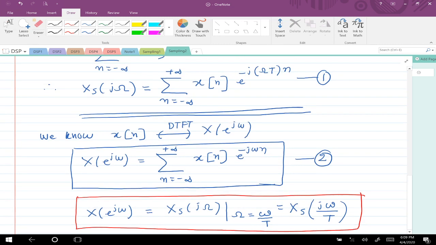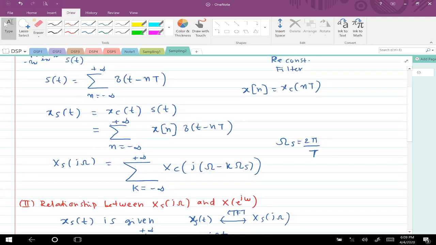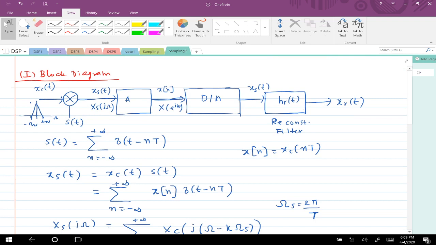Hope this is clear. It should also make sense to you here, because look, this is analog to digital. The only difference between Xs of t and x of n would be in its axis, roughly, ignoring the infinitesimal spread of the continuous time delta function. You have the values at 0, T, 2T, 3T, and similarly on the negative axis as well.